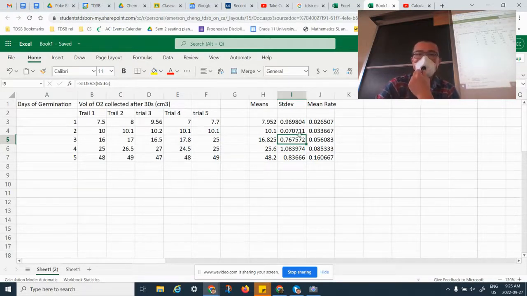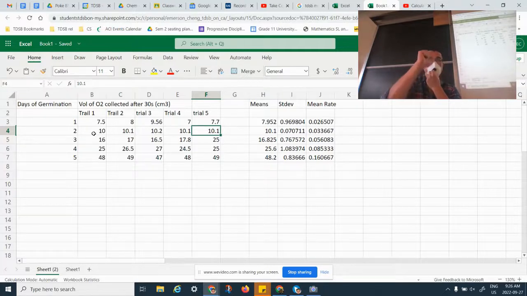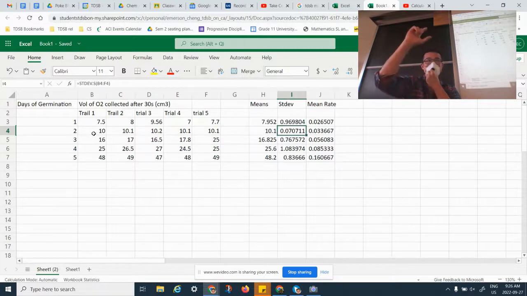Now, if you look here, look at the standard deviation row. Standard deviation tells you how widespread each of your data is from the rest of that sample. So if you look at this column, this row here, day 2, you have 10, 10.1, 10.2, 10.1, 10.1. Everything is very close to 10.1, which means the standard deviation will be very small because the data didn't really spread that much.